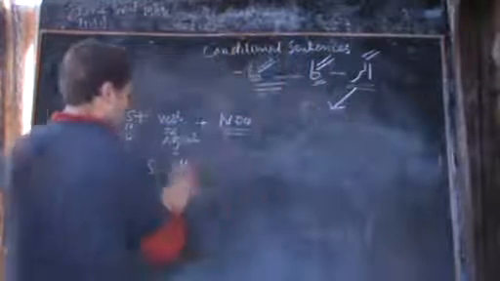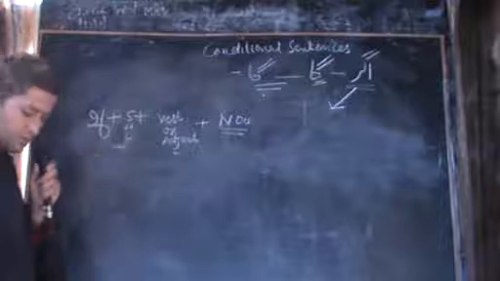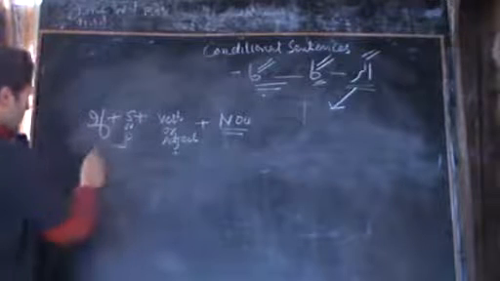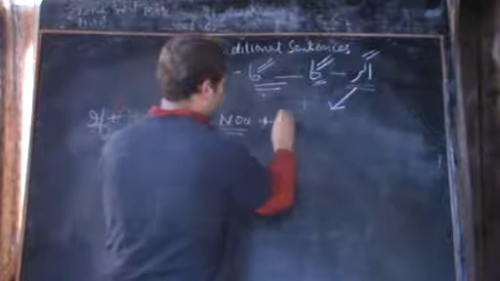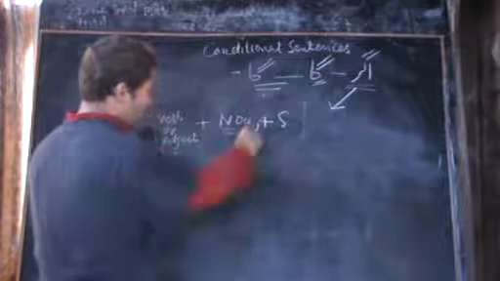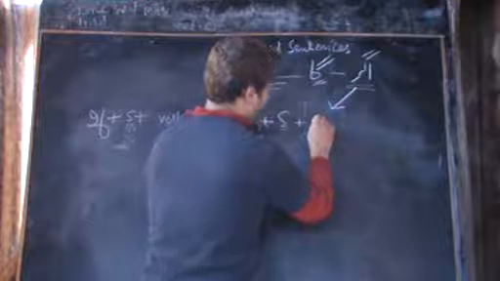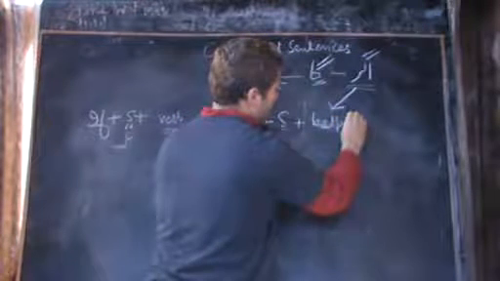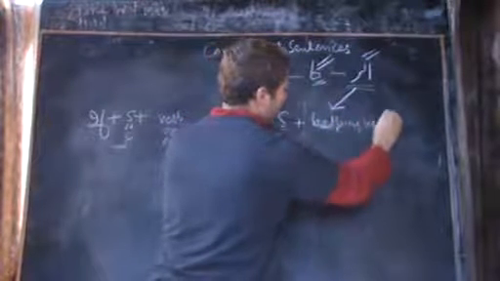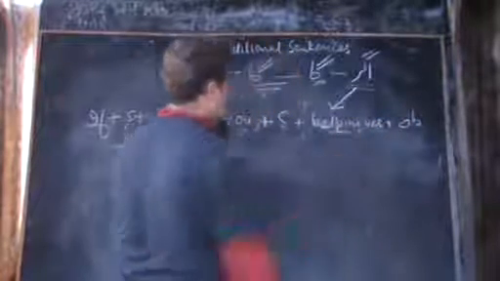The formula will be there: if, subject, verb or adjective, noun, then a comma, then subject, then verb, then helping verb, and then object. So this is the formula.